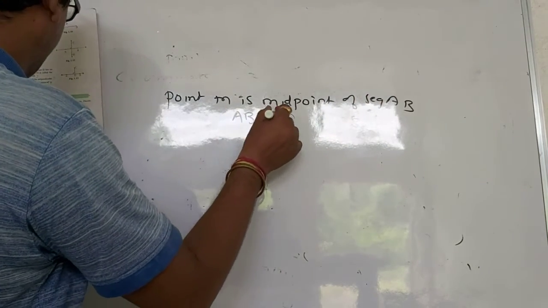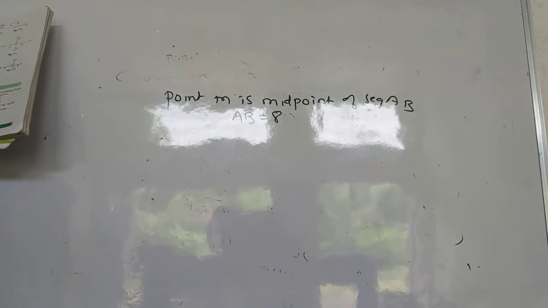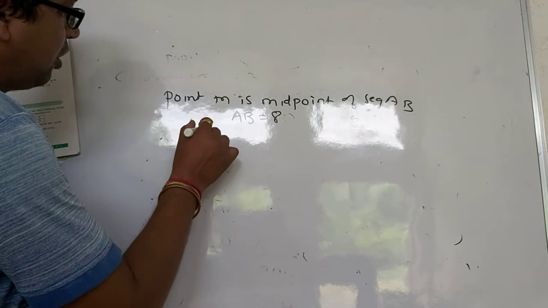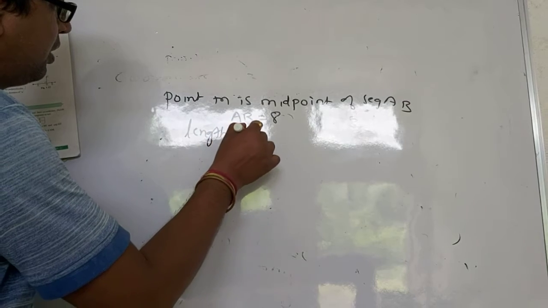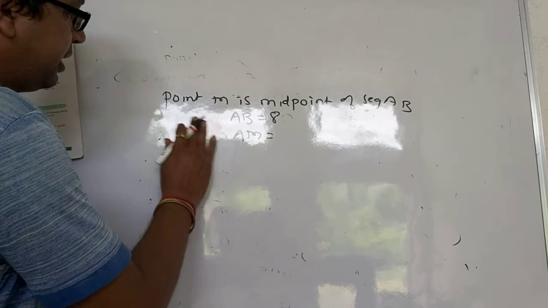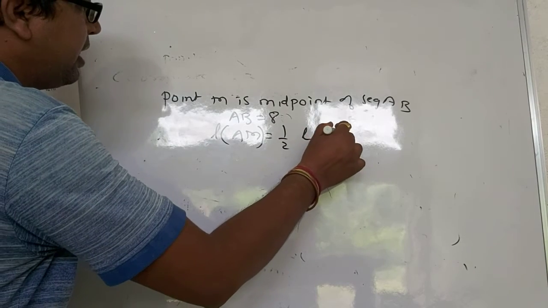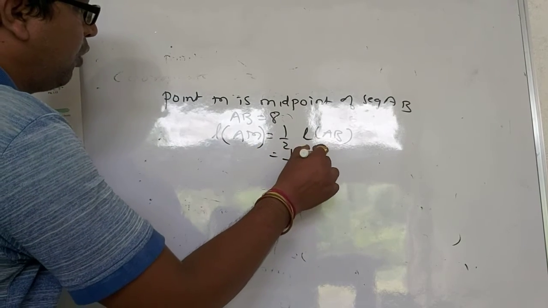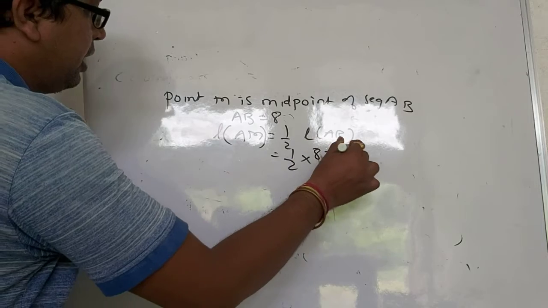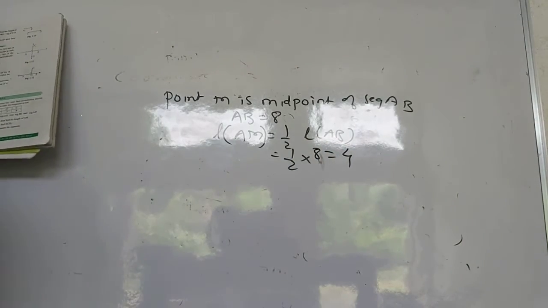AB is given to you as 8. So you should find the length of AM. Length of AM is equal to half the length of AB, as M is the midpoint. So 1 by 2 into 8 is 4.